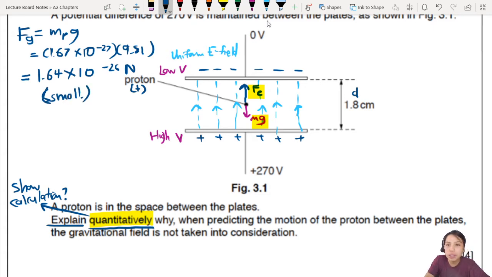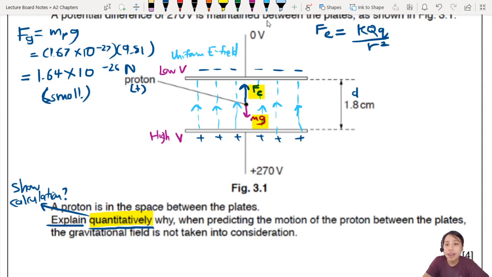What about electric force? Let's do it on the right side here. So electric force, how to calculate? A lot of us may get brain hang. We say, oh miss, we know kQQ over r squared. But there's only one charge here. How are you going to calculate? You need 2 charges for this equation to work. Don't panic. This is usually for point charges, when there's 2 point charges.